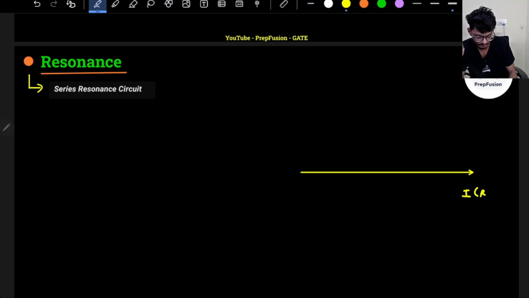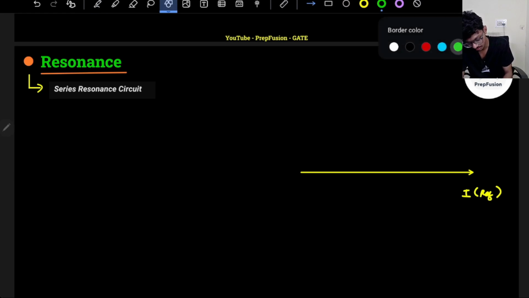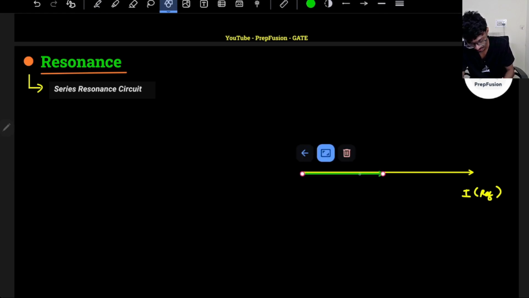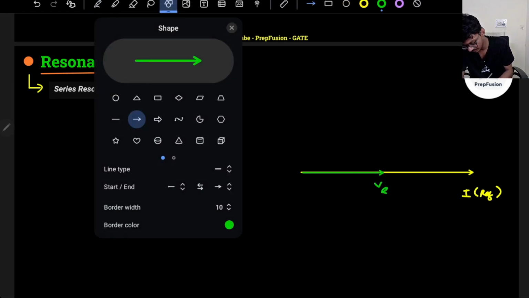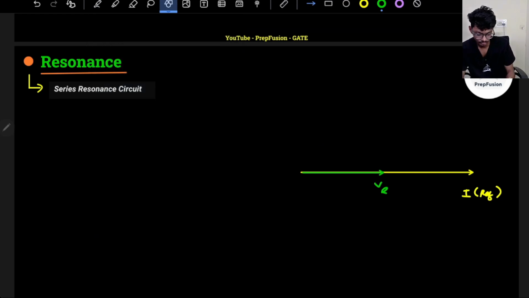My VR will be in the same phase as I, because it is a resistance. So VR and I will be in the same phase. Basically, this will be VR. And in resonance, where is my VL? VL leads the current by 90 degrees, correct? This is what my VL does. So VL will be somewhere here.